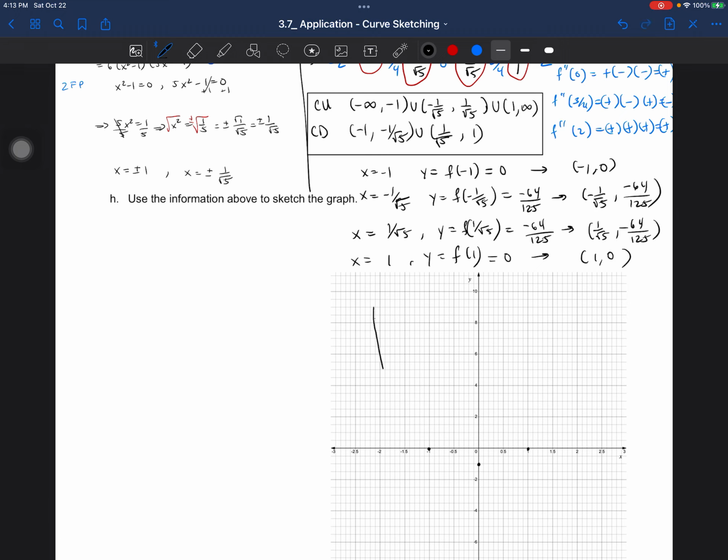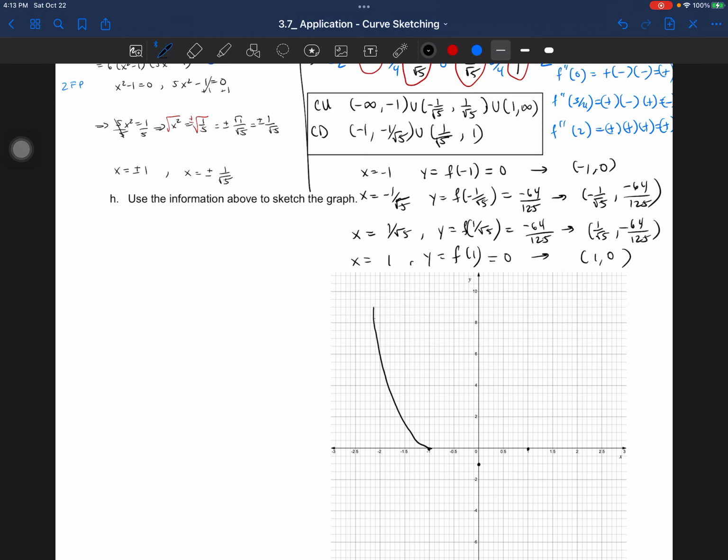But we also have a concave up on the left side of negative 1. So we're seeing something that is decreasing, but concave up. And then we have an inflection point at negative 1 over square root of 5. How much is the square root of 5?